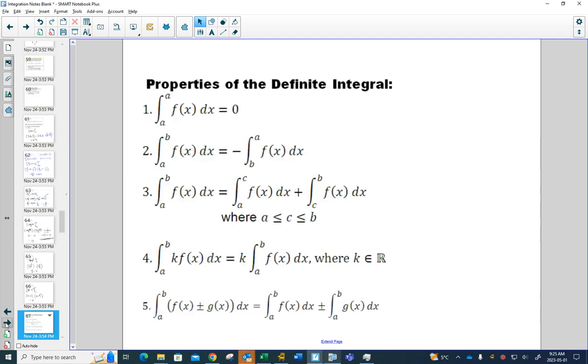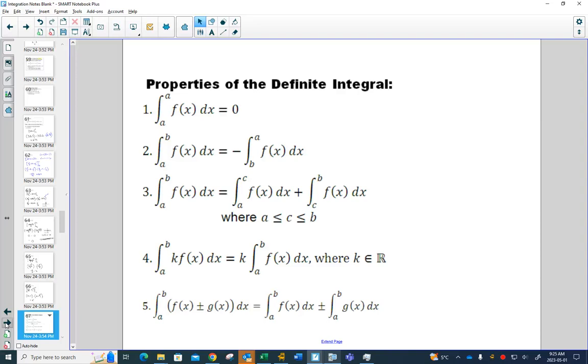So we're going to end by looking at the properties of the definite integral, some of them that we may have noticed already, and some of them that may become obvious, especially when we think about area under the curve. Okay? First property, if you find the area between A and A, that's just a straight line with no width whatsoever.